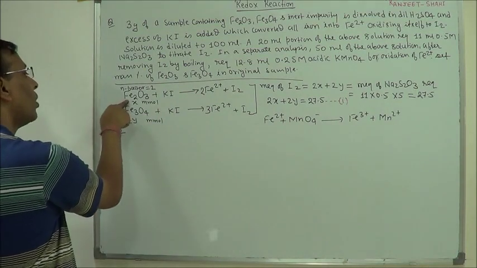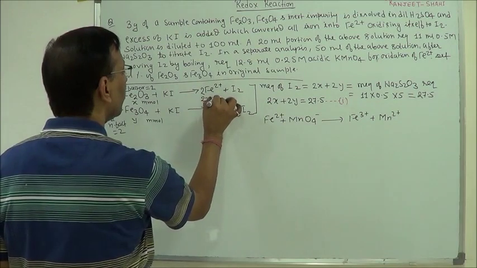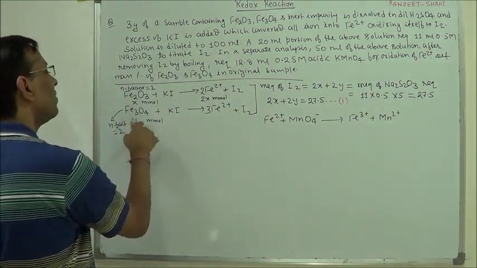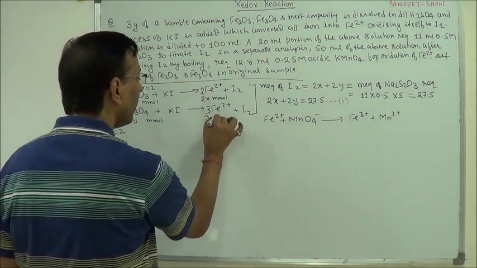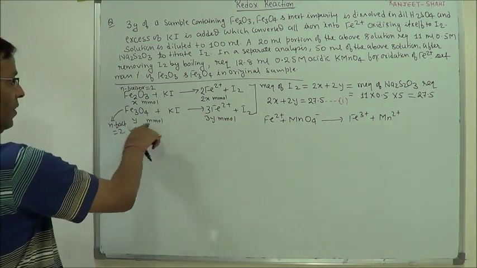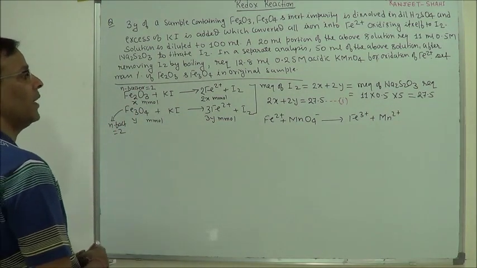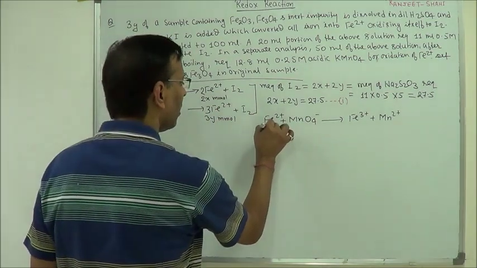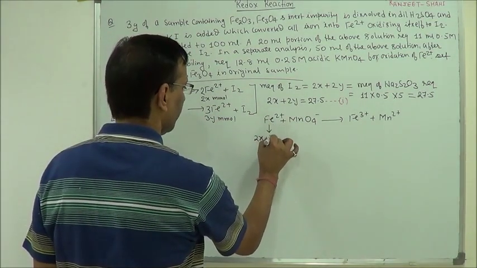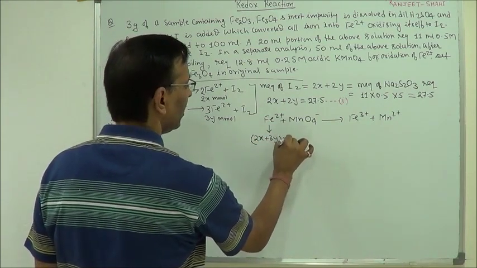If we have x millimole of Fe2O3, it will give 2x millimole of ferrous, and if we have y millimole of Fe3O4, it will give 3y millimole of ferrous. 1 gives 3, so y will give 3y millimole, and the total will be 2x plus 3y millimole.